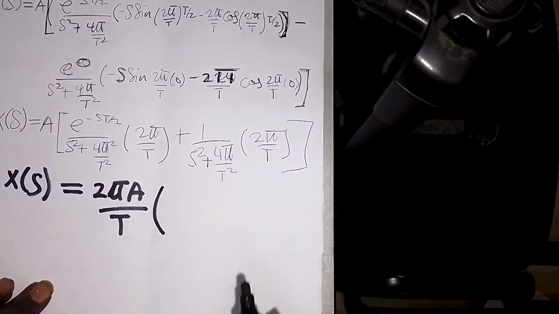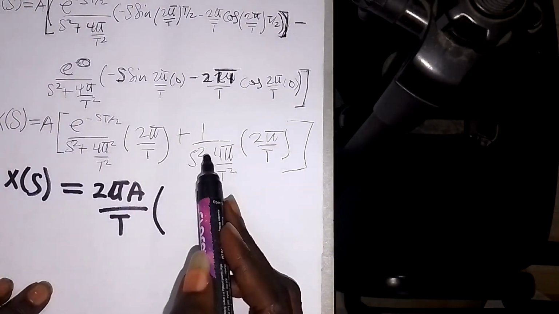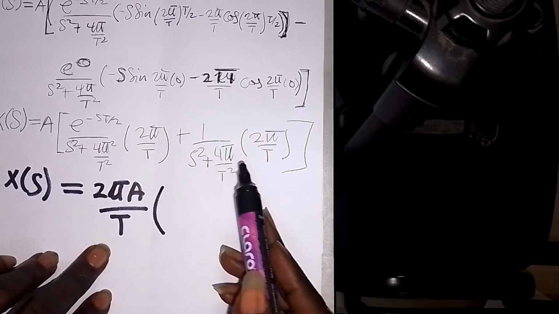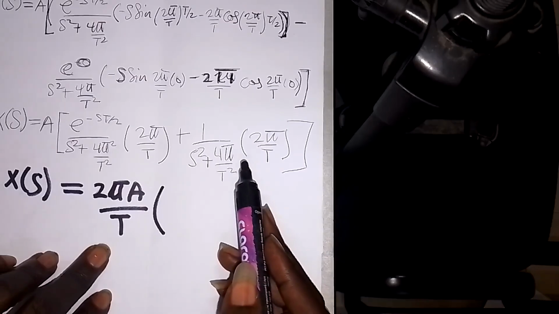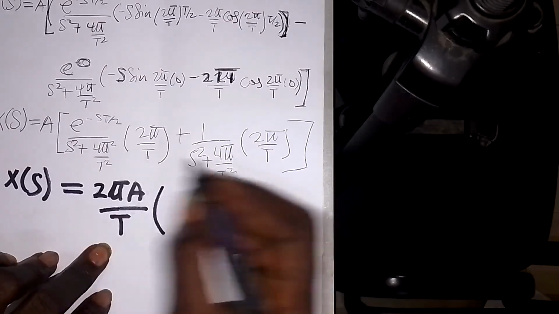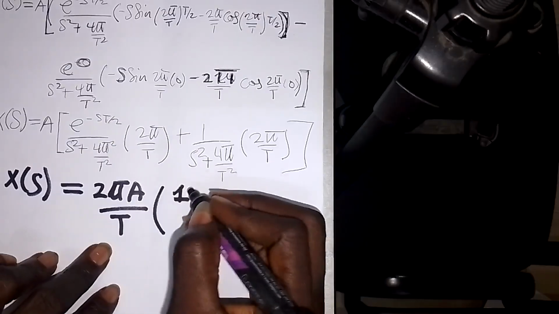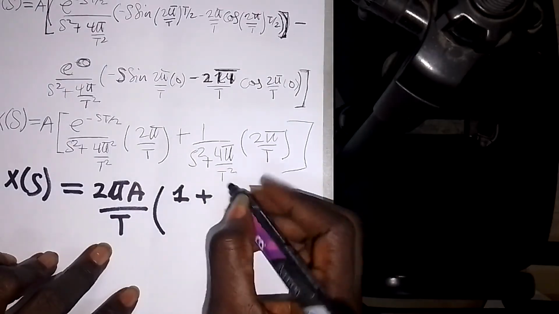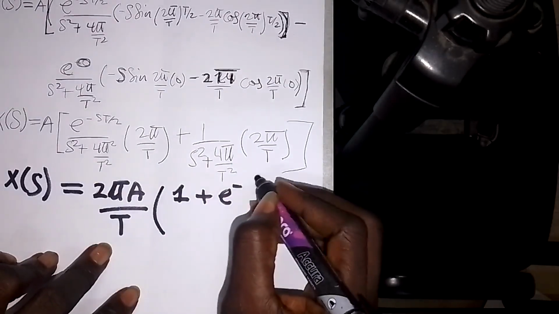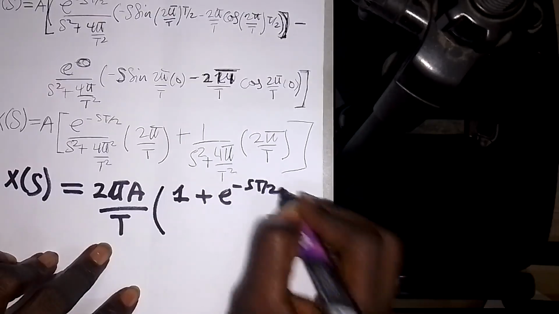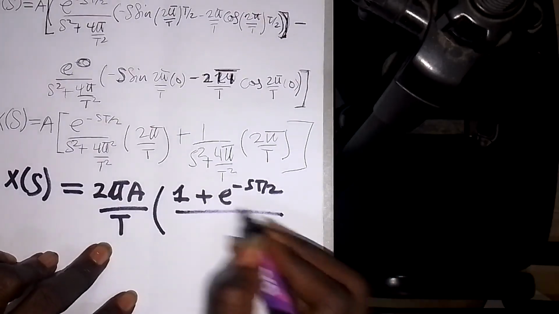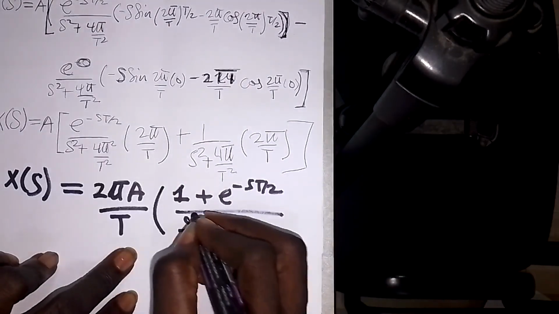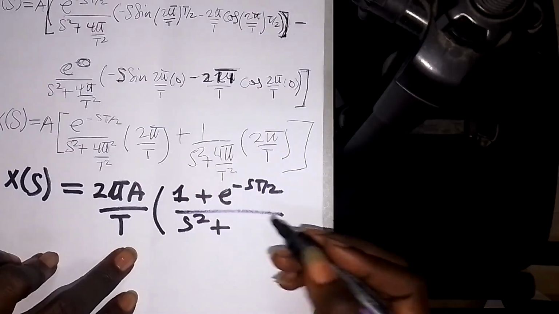So here I'll be left with 1, which is this one. 1 plus e exponent minus st on 2, over s squared plus 4 pi on t squared.